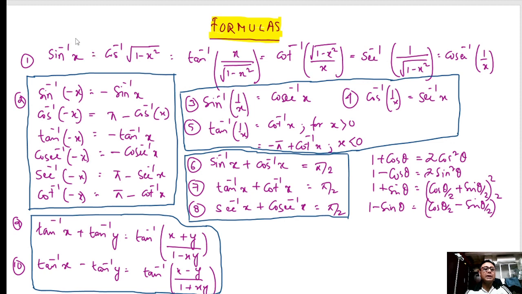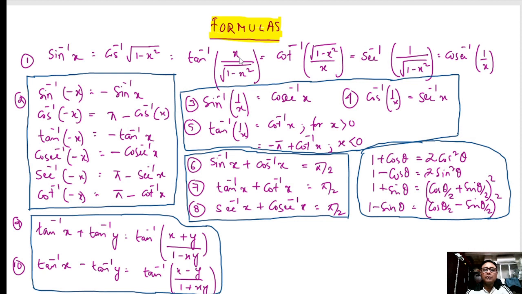If we need more, then we can come back to this page again. So please keep a note of these formulas, because these are the things which are going to guide you. Very, very important formulas. Sine inverse of x is written as cos inverse root over 1 minus x square.